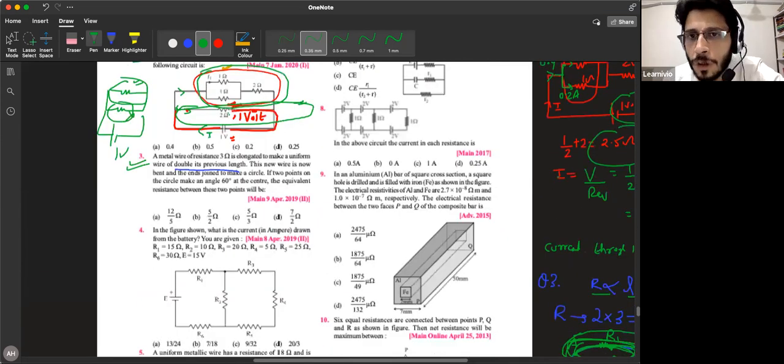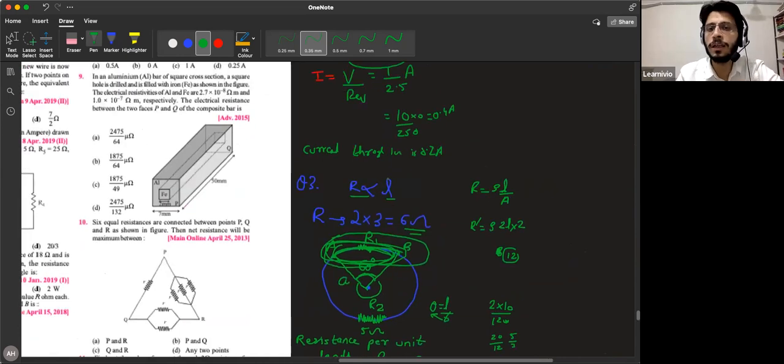Okay, yes. Sorry, when we double the length, then the area of cross section will get half. See, area into length is equal to volume. Volume should remain constant. So when you double the length, then area will become half. And resistance depends both on length and area of cross section. So if this is a wire, when you elongate this wire, then its length will increase, but area will decrease.